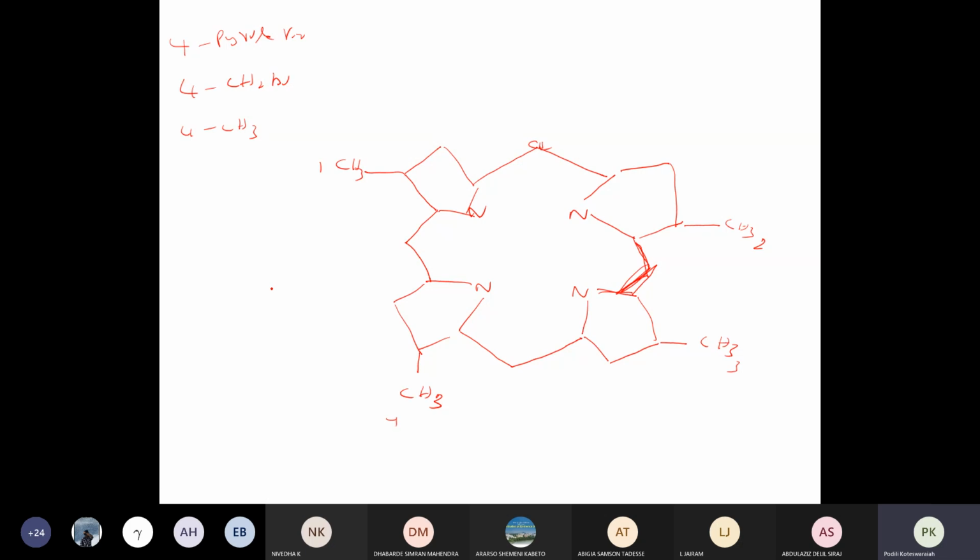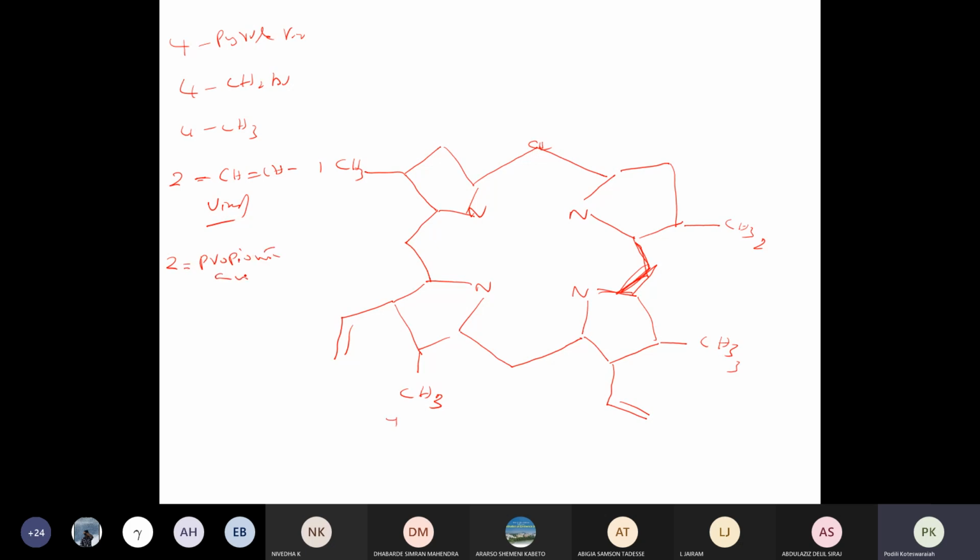So 4 methyl groups, and then 2 vinyl groups, CH double bond CH. 2 vinyl groups are also present, and one vinyl group is here. This is the one vinyl group, and this is the other. Then 2 propionic acid chains.